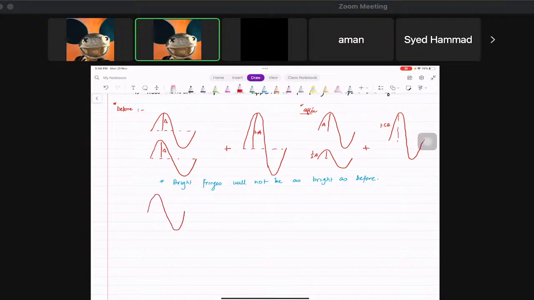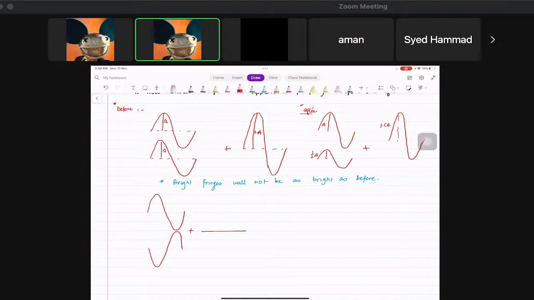Suppose the first wave was like this and now the other wave is exactly opposite to it. When they meet, they're going to completely cancel out everything. When they add up, they're going to cancel out. So it will be completely dark.